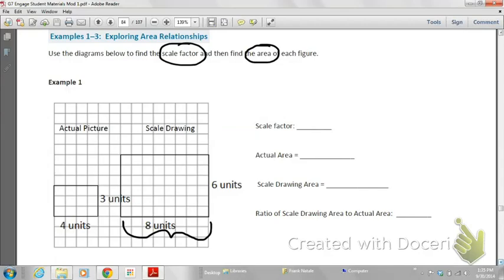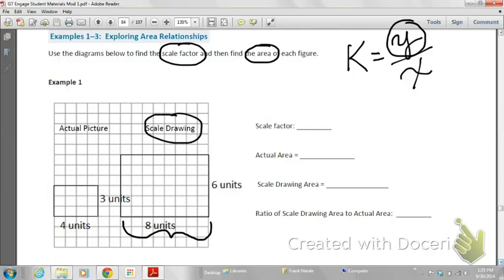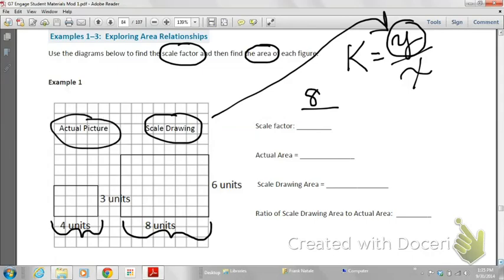If you remember our whole k equals y over x equation, always remember that this y, when you're talking about scale factor, is the scale drawing. In this case we would have 8, and then the comparable side on the actual picture is 4. Then we know 8 over 4 equals 2. So our scale factor is 2.